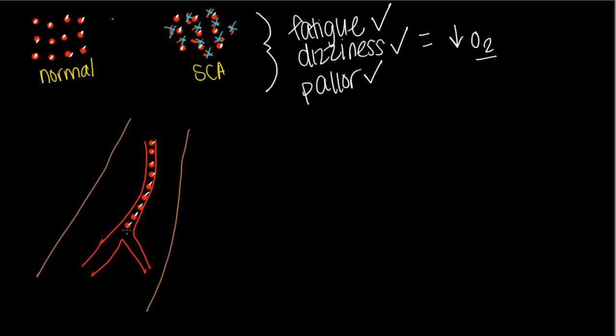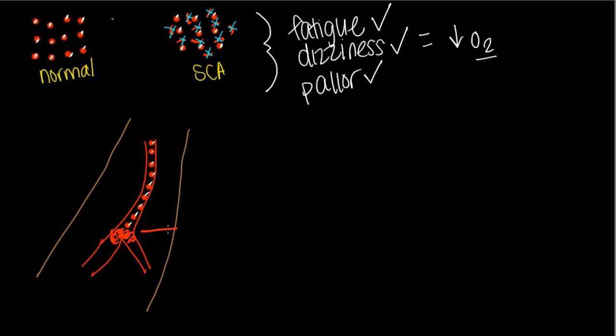Now, if we throw some sickled cells in the mix here, what happens? If you notice with my drawing, I have these cells clumped together. And that's the reality of the situation. We know that sickle cells are stiff and sticky. As a result, they bind to each other and they bind together.